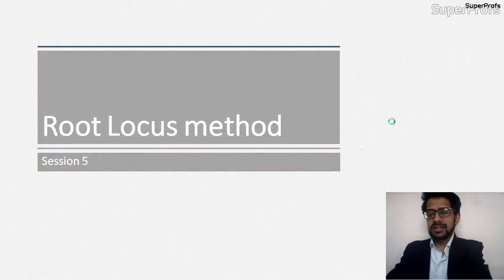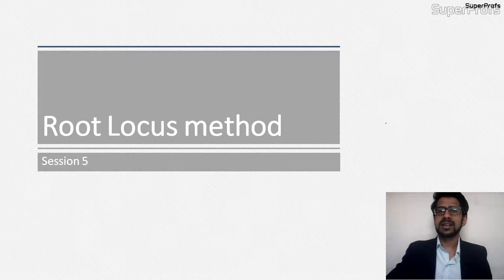This very technique is nothing but the root locus method. Root locus method is a geometric method to analyze the stability of the system. It is also a qualitative method to determine the stability of the system. Not only will you be able to tell if a system is stable or not, you'll also be able to comment which system is more stable and which system is less stable.